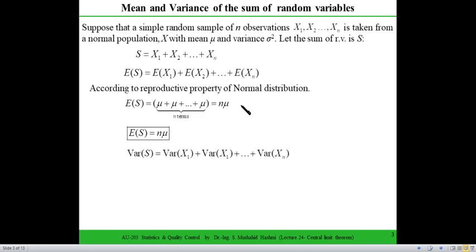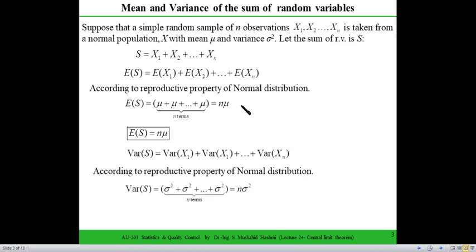Similarly, we can work out the variance of the sum of the random variables by adding up the variance of each random variable. According to the reproductive property of the normal distribution, the sum of random variables would also follow the normal distribution, with each variance of x being sigma square, and we have n times of that, so the variance would be n times sigma square.